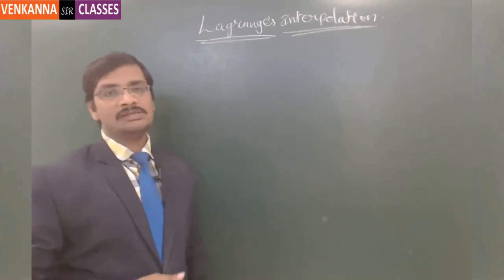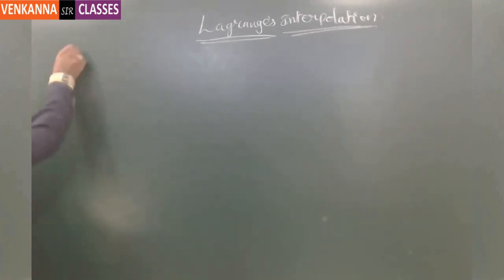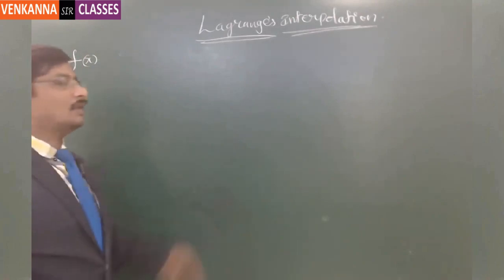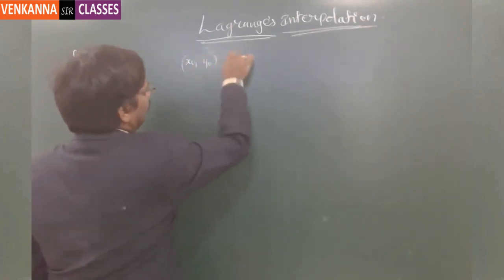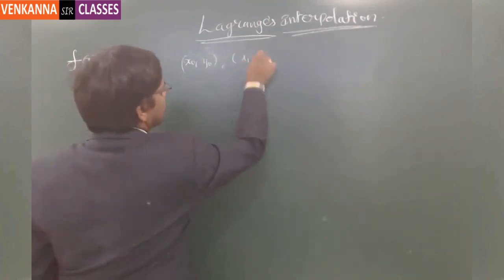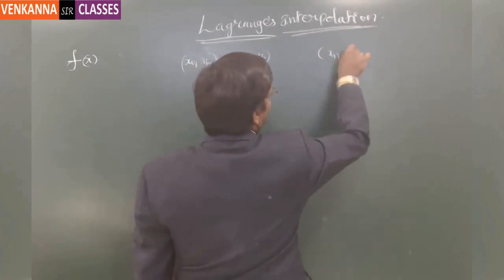So what this Lagrange's interpolation formula talks about is, suppose you have a function f of x. For this function, let us say we have the data points x0, y0 and x1, y1, up to xn, yn.